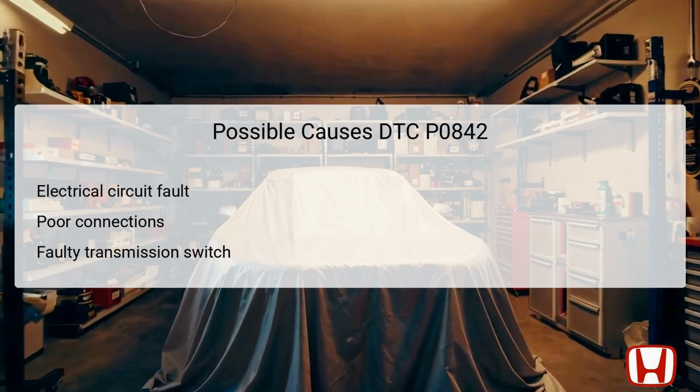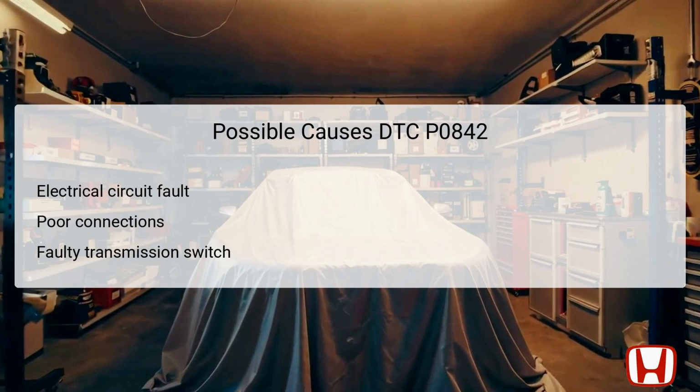Several possible causes can lead to the DTC P0842. The primary issue identified is a fault in the electrical circuit that connects to the transmission fluid pressure switch A, second clutch. This can stem from wiring issues such as damaged insulation, short circuits, or corrosion at connection points.